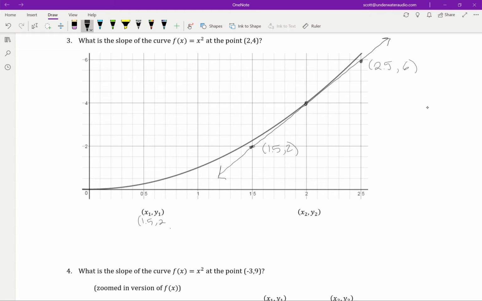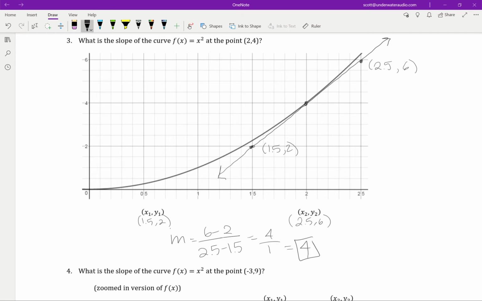So m equals y2, 6 minus 2 over 2.5 minus 1.5. Okay, so 6 minus 2 is 4. 2.5 minus 1.5 is 1. So I just get 4.